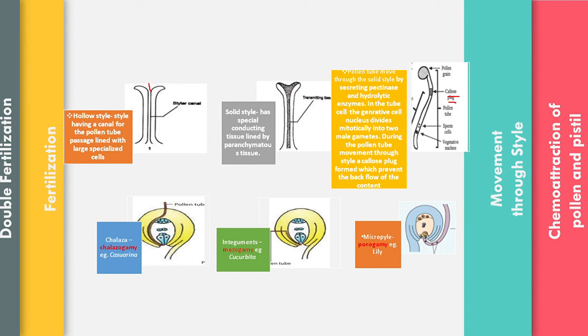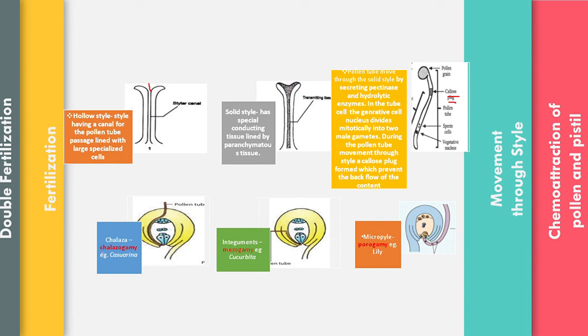And the most widely seen type of entry of the pollen tube is through the micropyle, that is known as porogamy. This can be asked as a 1 mark question: what is chalazogamy, what is mesogamy, and what is porogamy.